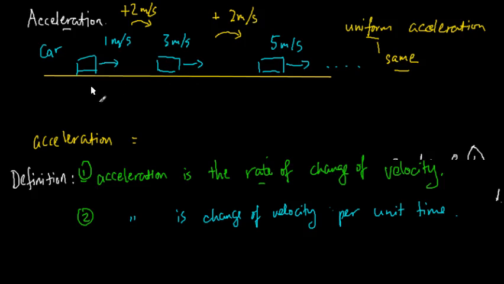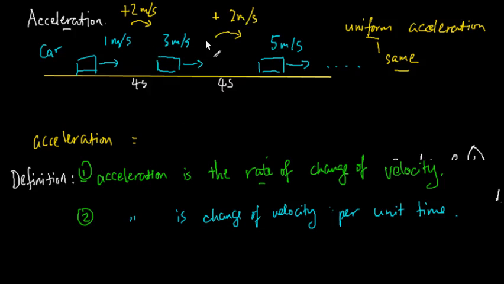Let's say the time from there to there, where the velocity increases by 2 meters per second, is 4 seconds. It takes 4 seconds to go from here to here, and another 4 seconds for it to increase by another 2 meters per second.